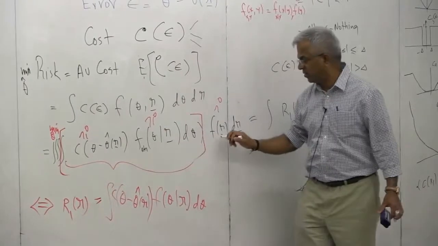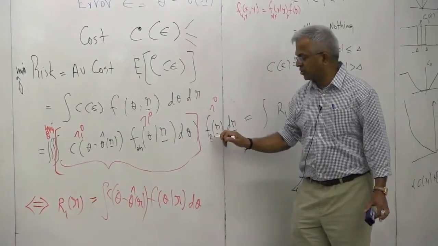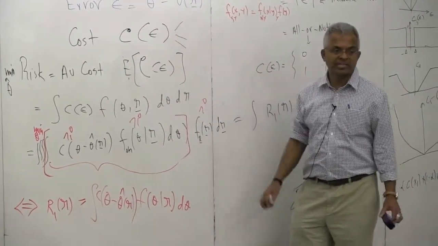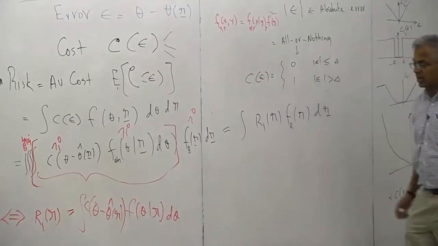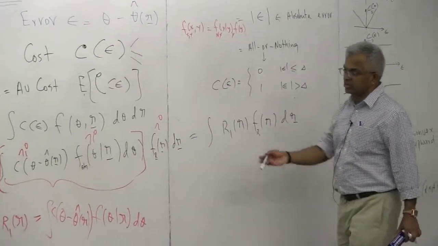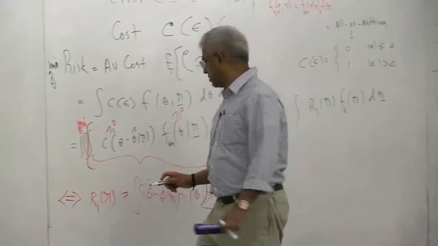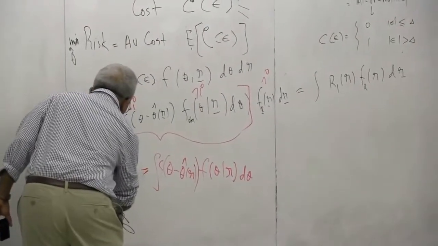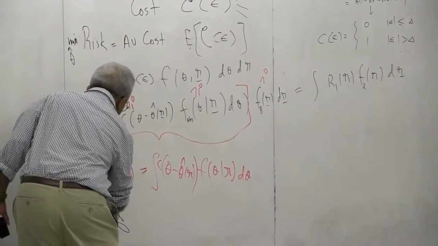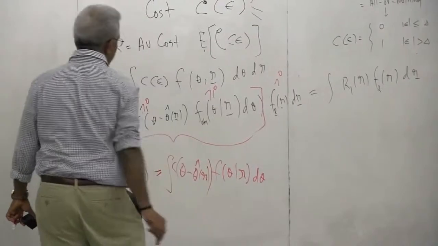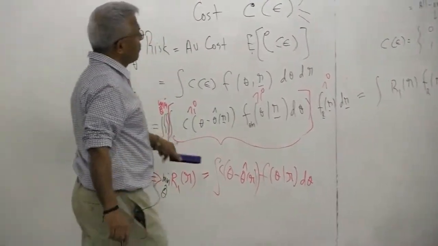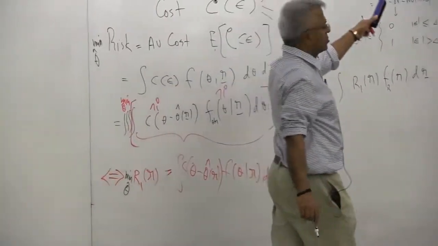This is a different F. This is the joint density function of all the random variables. So you can write it like this. The minimization is on R, because the minimization is with respect to theta hat, and theta hat is only here.